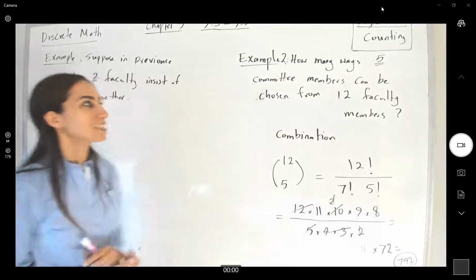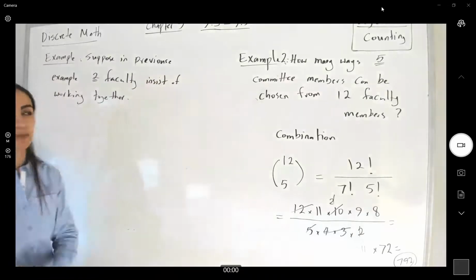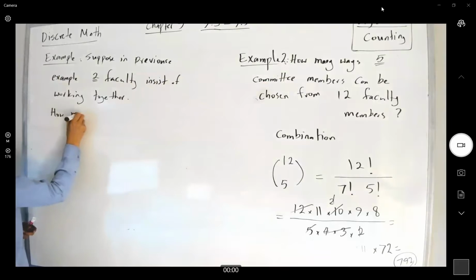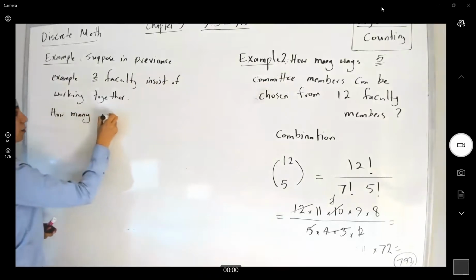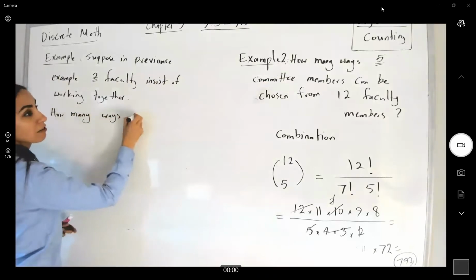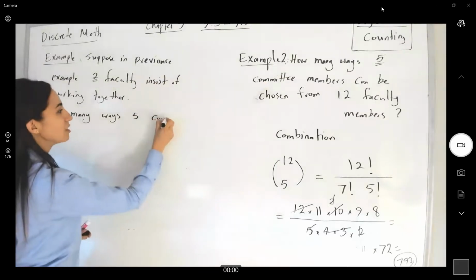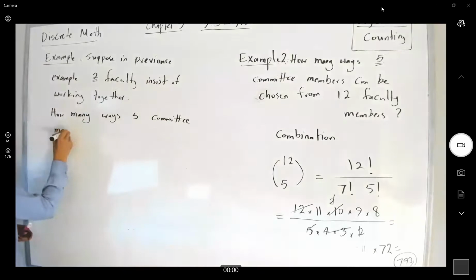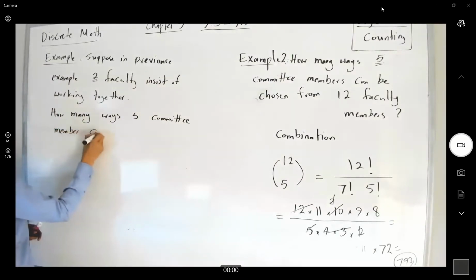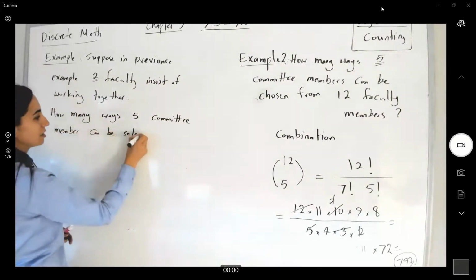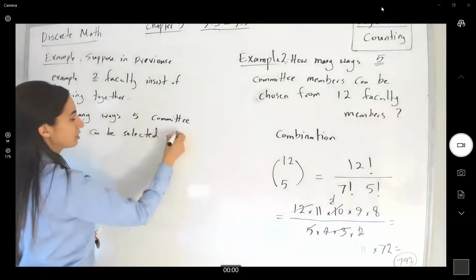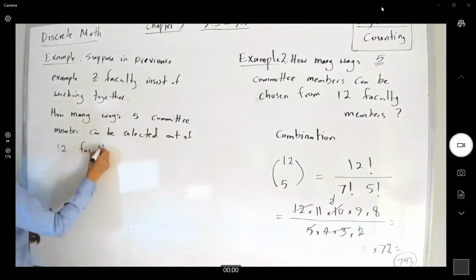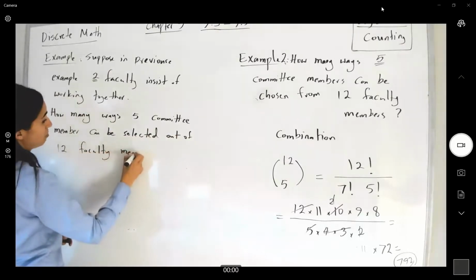How many ways can 5 committee members be selected out of 12 faculty members?